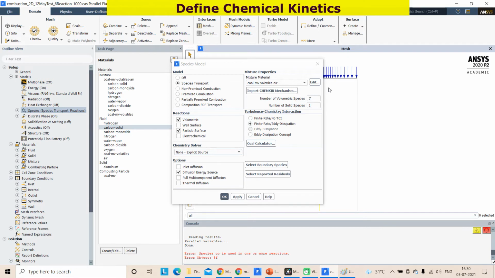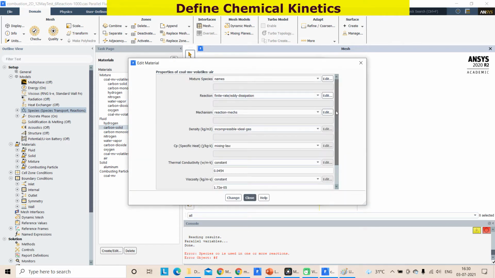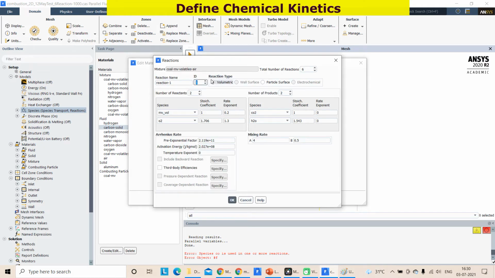No, there are six reactions. This I have added. There are six reactions. And for each reaction, the species are fixed. Come again. For each reaction, we do not have to select species, they are also fixed for each reaction.